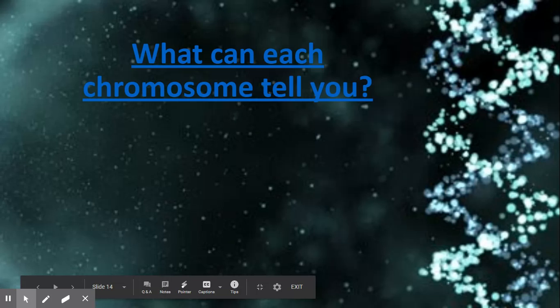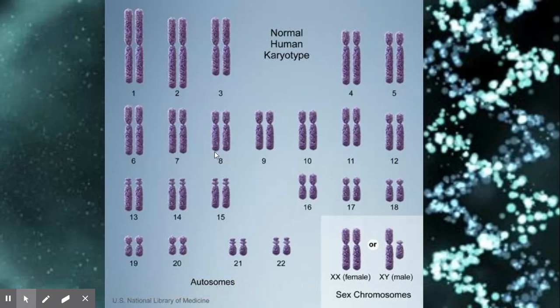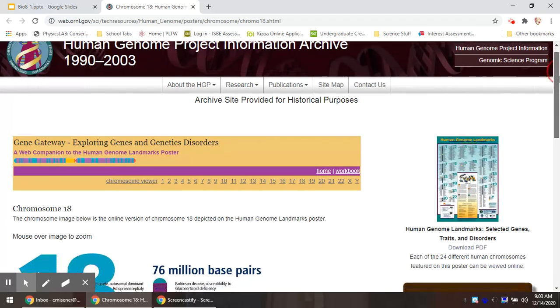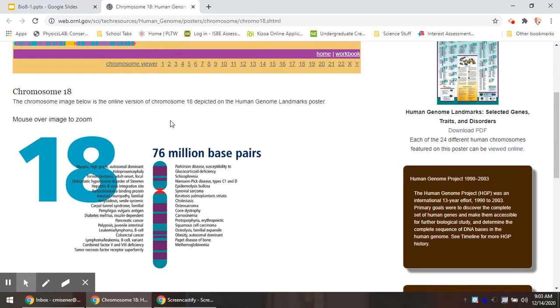I want to look at this next website to show you what you can see on each chromosome. If I'm looking at chromosomes in the 8th pair or the 15th pair, these are going to have different information than, say, the 11th pair. This website can show us what is on each different set of chromosomes.